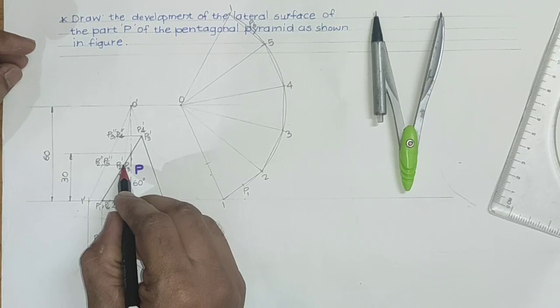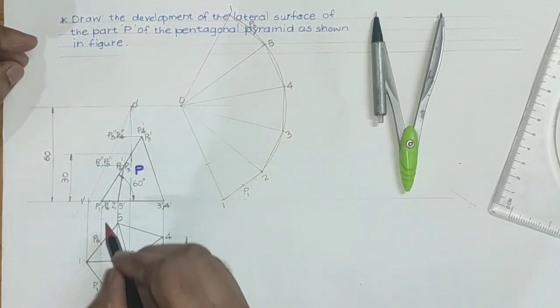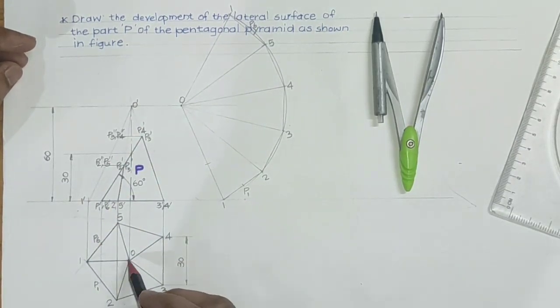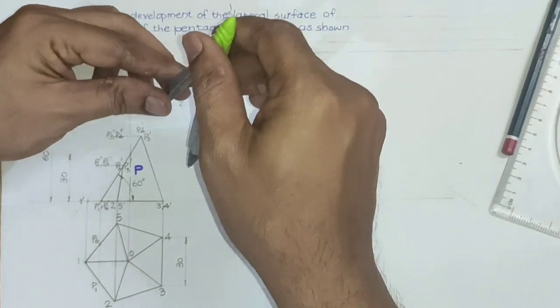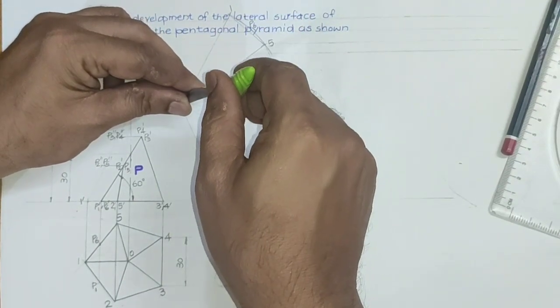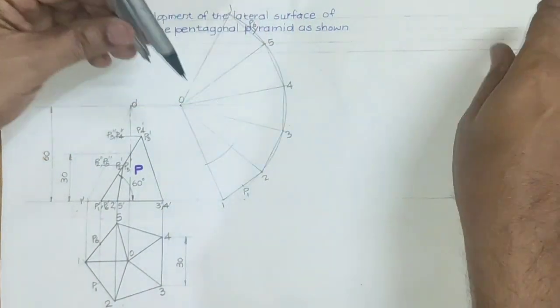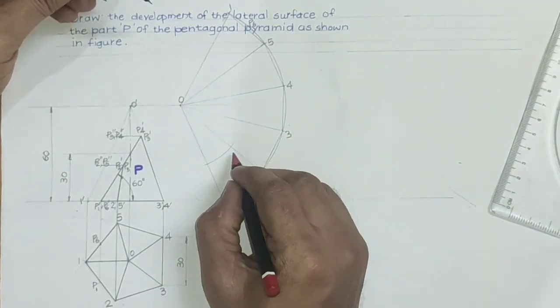To locate P2 on the developed surface, we have to transfer this O dash to P2 double dash distance on the corresponding edge of the developed surface, that is O2.